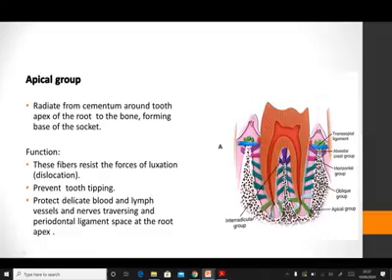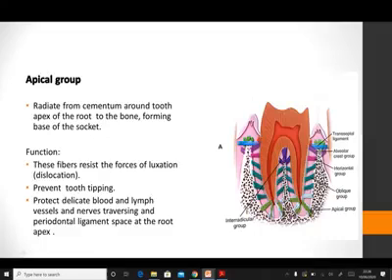So the apical group, by preventing the root apex from collapsing with the base of the socket, prevents all sorts of blood vessels, lymph vessels and nerves that are entering and exiting the tooth and are present within the periodontal ligament in this region from collapsing.